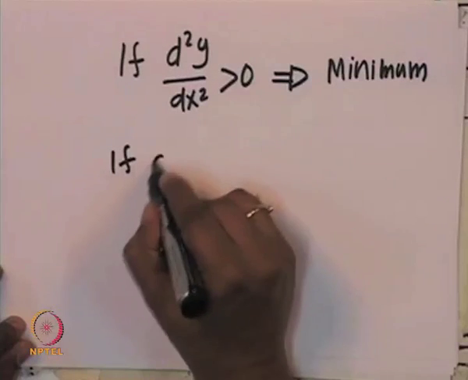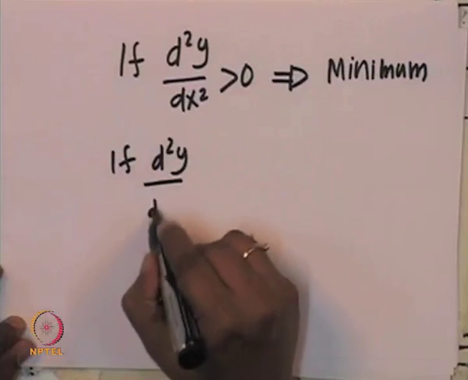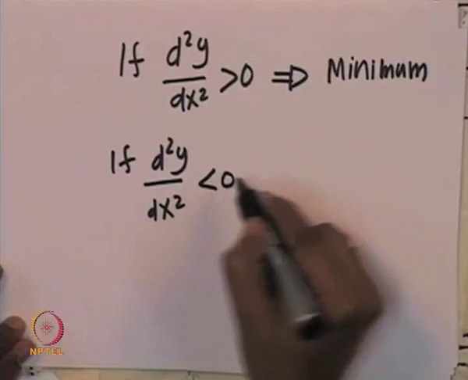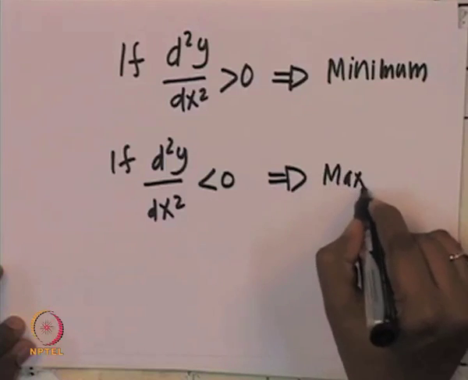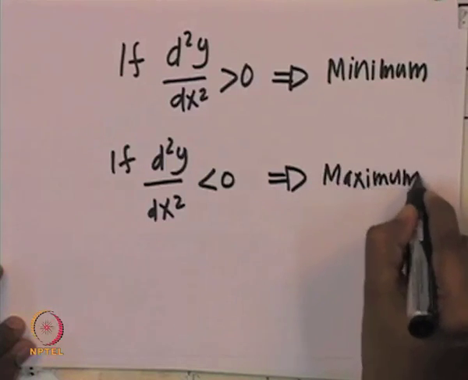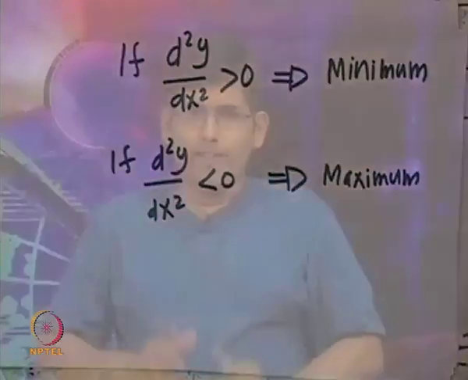If d square y by dx square is less than 0, that implies it's a maximum. So, this is what we learned. Find the first derivative equal to 0, get the extrema, find the second derivative, evaluate, and by looking at whether it is positive or negative, you get to know whether it is a maximum or minimum.